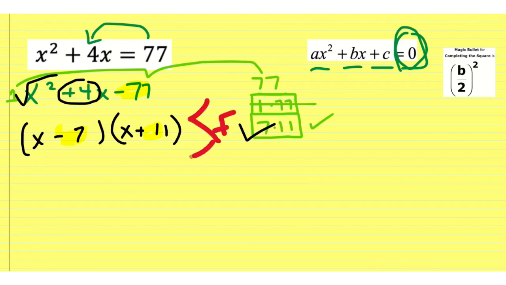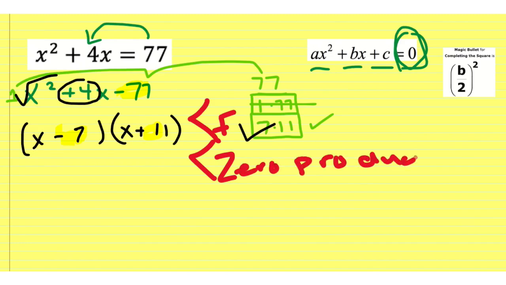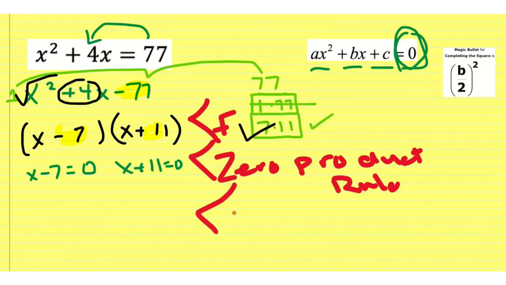And now all I have to do is do the zero product rule. Which means that I am going to say x minus 7 equals 0 and x plus 11 equals 0. And then that is going to give me my solutions.